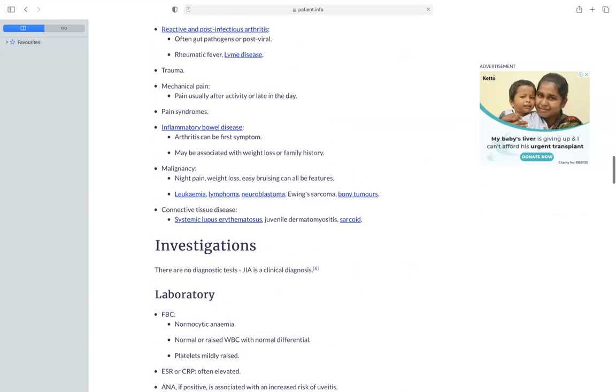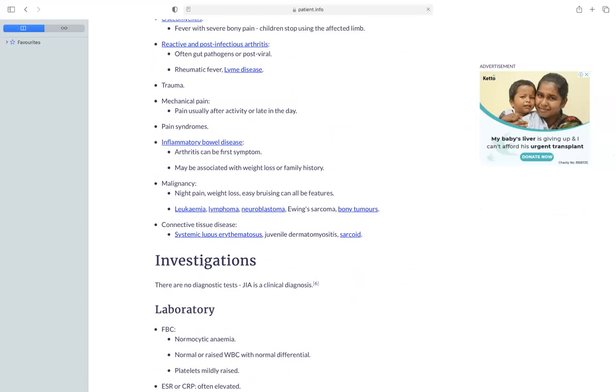I just want to ask, what is given in the classification: oligoarthritis, polyarthritis with rheumatoid factor positive and rheumatoid factor negative. It is the same, right? Is there any new change in that? Can anyone tell me?